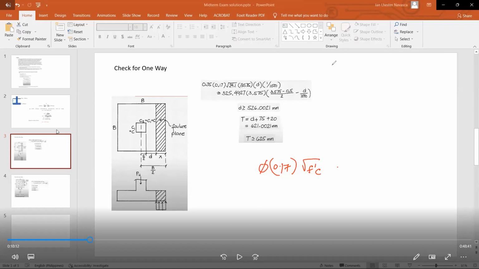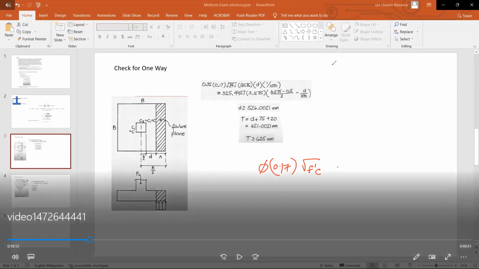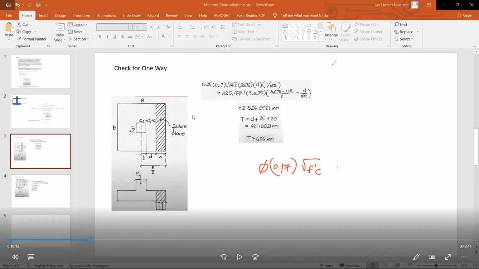So, in terms of D, susukat ka lang ng D dito, then B over 2. So, ito yung distance na to, di ba? So, solve mo lang siya in terms of D.